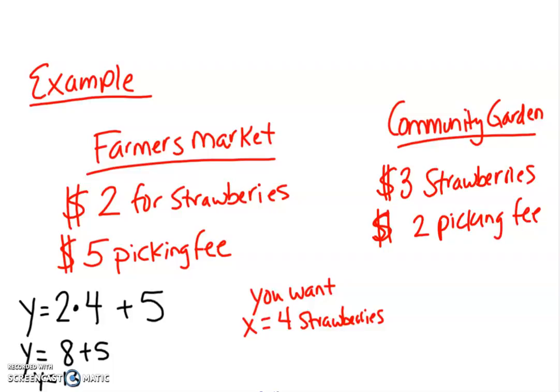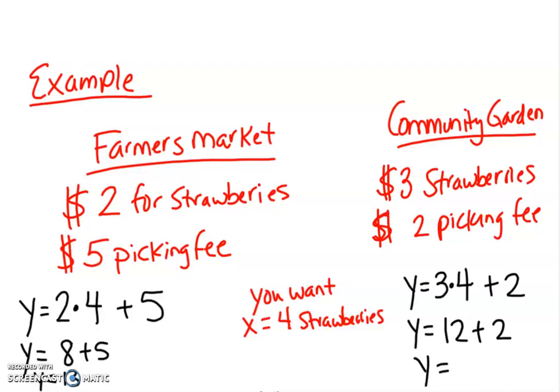Right here, it's $3 for a pint of strawberries, and there's a $2 picking fee. And you want 4 pints of strawberries. So 3 times 4 is 12 plus 2. So this company is going to cost you $14. So you should go with this company if you want 4 pints of strawberries.